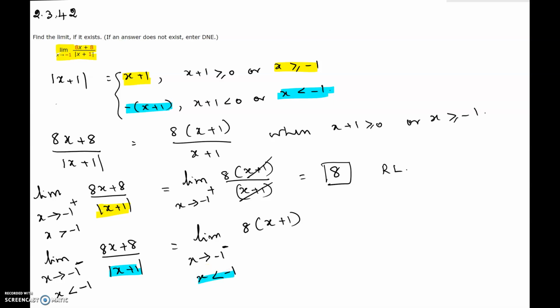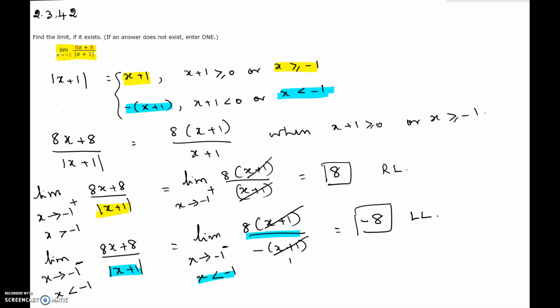So it is divided by negative of (x + 1) from the definition. The (x + 1) gets cancelled out, but 8 over negative 1 becomes negative 8. So the left limit is equal to negative 8.